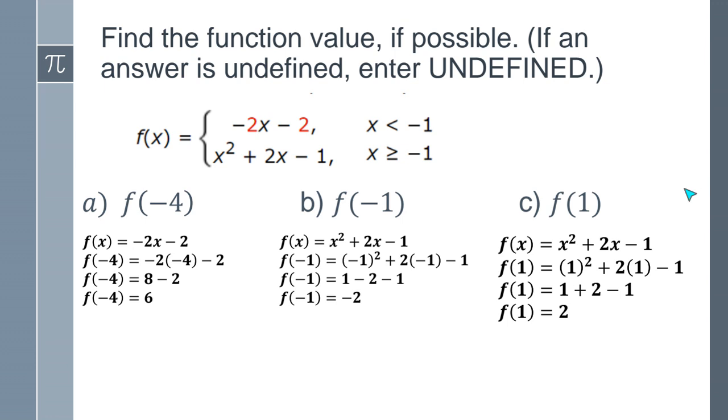So 1 squared is 1. 2 times 1 is just 2, minus 1. 1 plus 2 is 3. 3 minus 1 is 2. So this is my output, or this is my y value when my x input value was 1, again, for this piecewise function. All right.